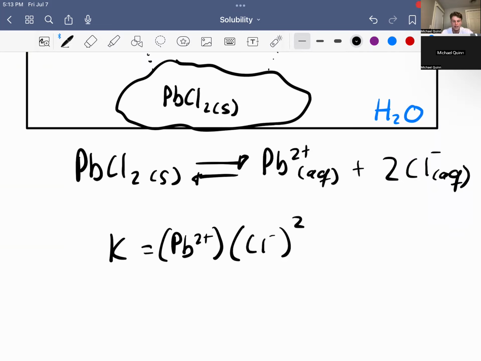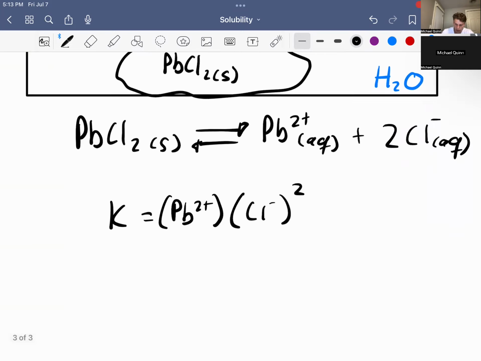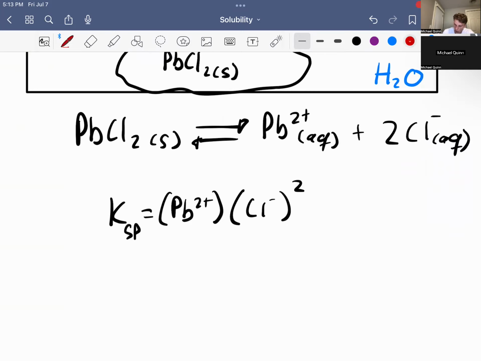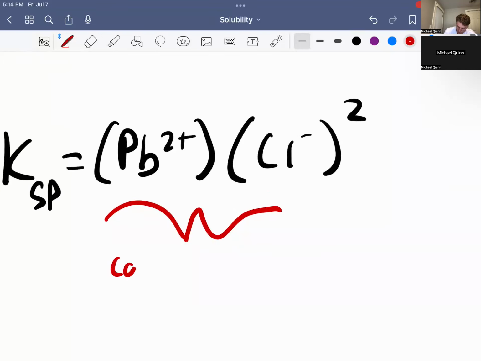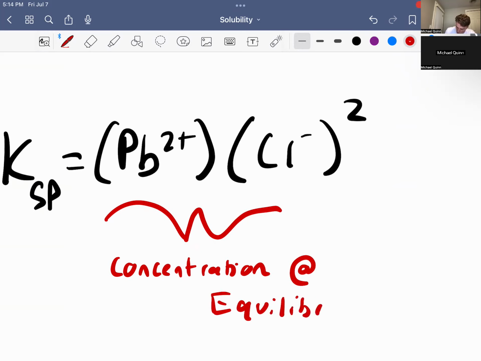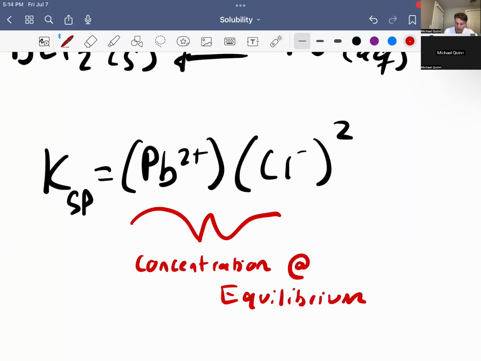And remember, this is the solubility product constant, Ksp, which will tell us the concentration at equilibrium for both of these ions.